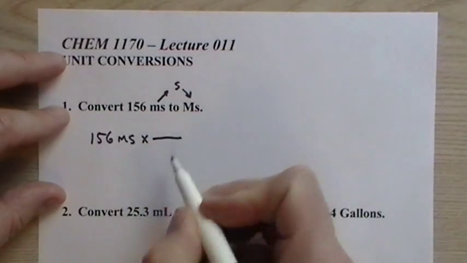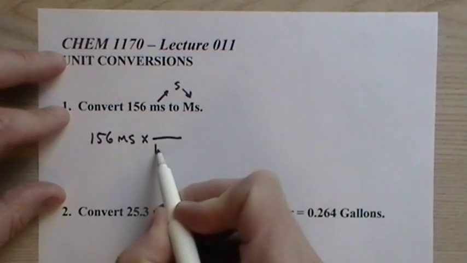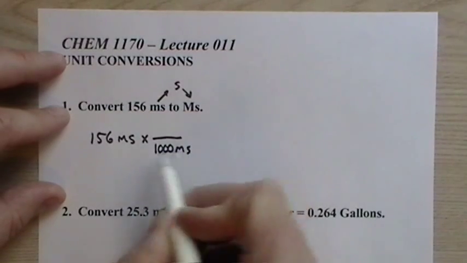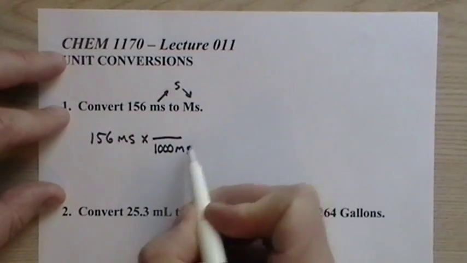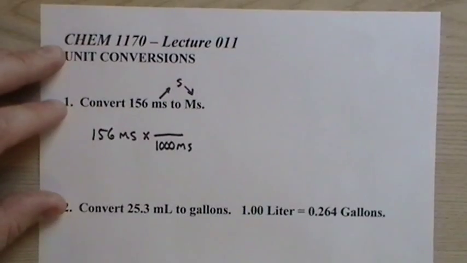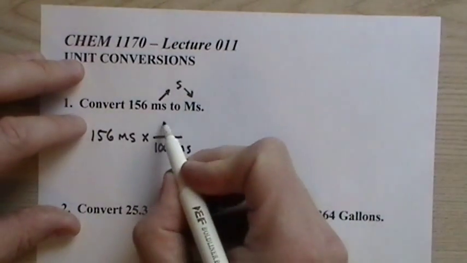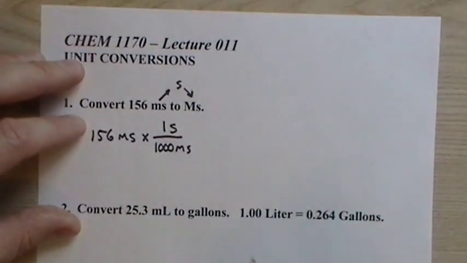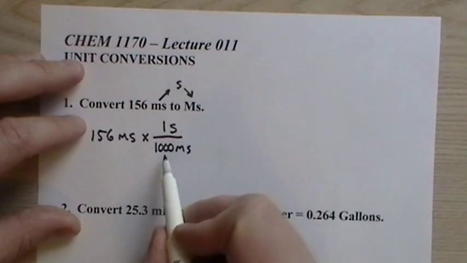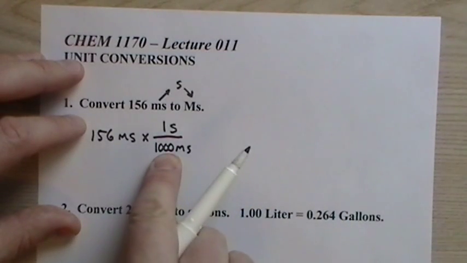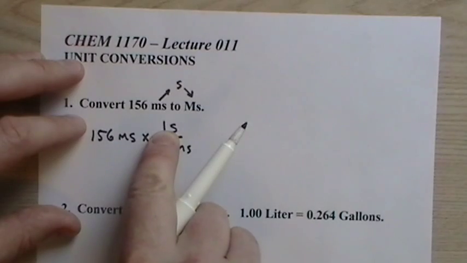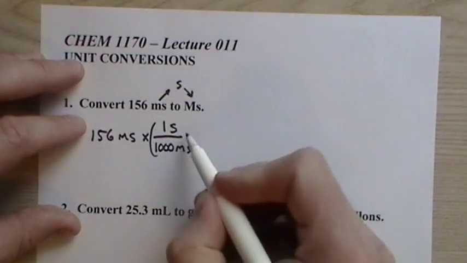So if we have milliseconds, since this is milliseconds, this has to be milliseconds to cancel. That's what we're trying to do, is get rid of those units in place of new ones, and that's 1 second. And sometimes you'll see people put 1 millisecond, and this will be 10 to the minus 3 seconds. It's up to you whichever way you want to do it.